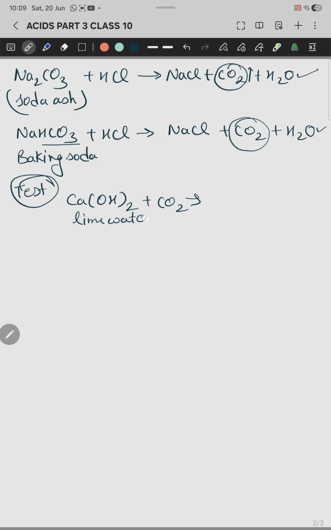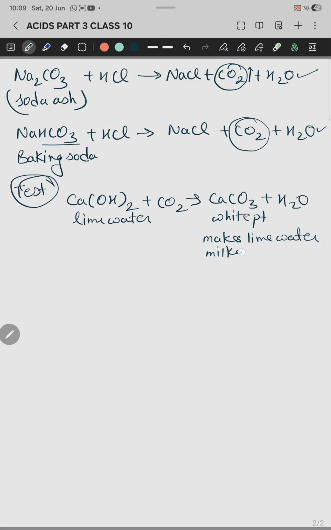This is lime water. When it reacts with carbon dioxide, it gives you calcium carbonate plus water, and this is a white precipitate in nature. If your substance converts into a white precipitate, then this confirms the gas is carbon dioxide. Or you can say it makes lime water milky.